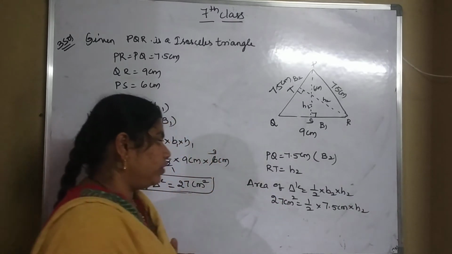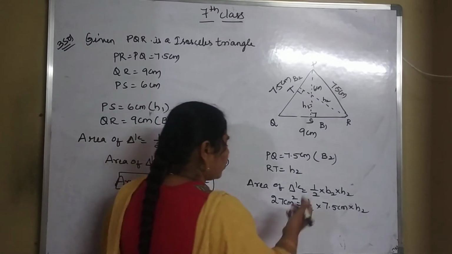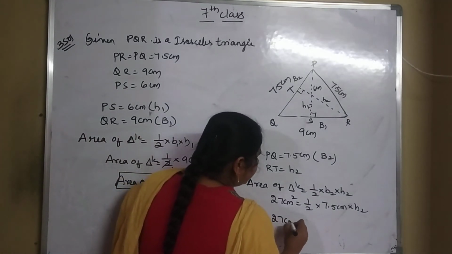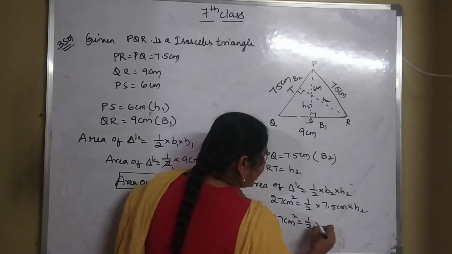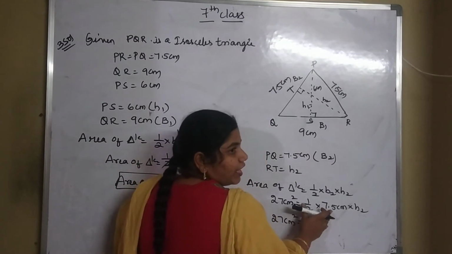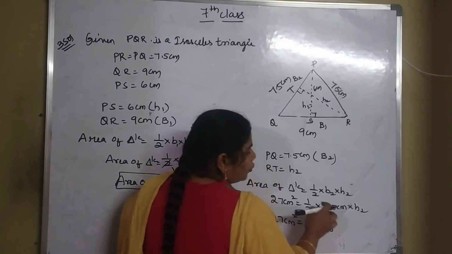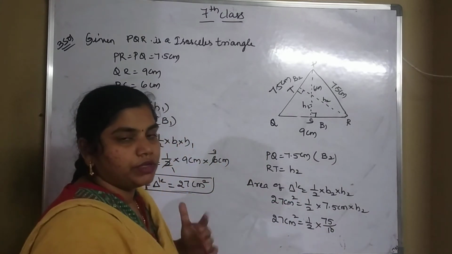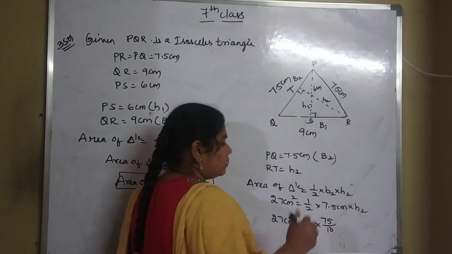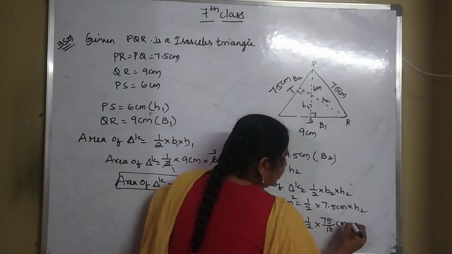So you can't cancel this. So 27 centimeters square is equal to 1 by 2 into 7.5, we can write in the form of 75 by 10, because after the point we are having only one digit. So in the denominator you will get 10 centimeters into H2.